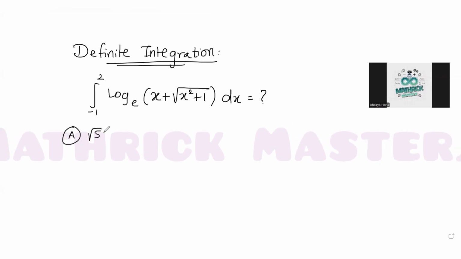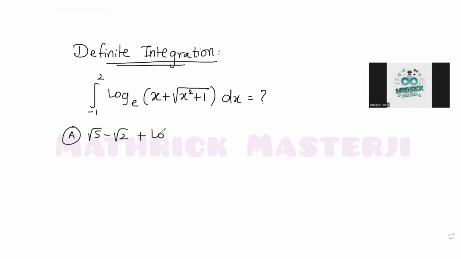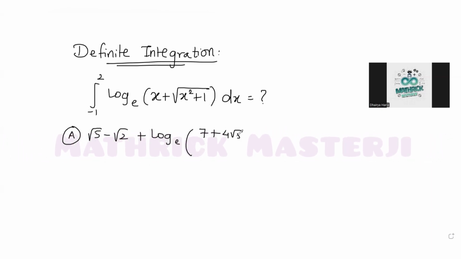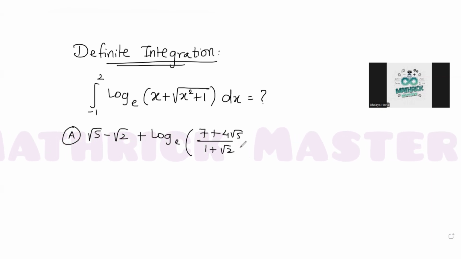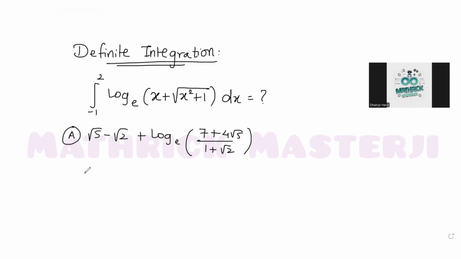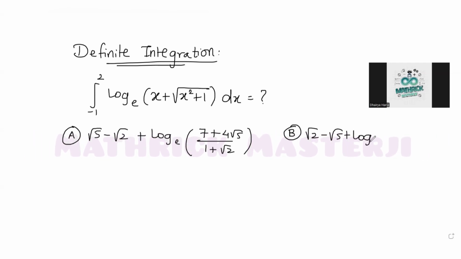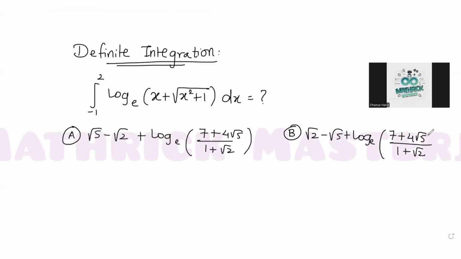They are: root 5 minus root 2 plus log base e of 7 plus 4 root 5 over 1 plus root 2. The second answer choice is root 2 minus root 5 plus log base e of 7 plus 4 root 5 over 1 plus root 2.